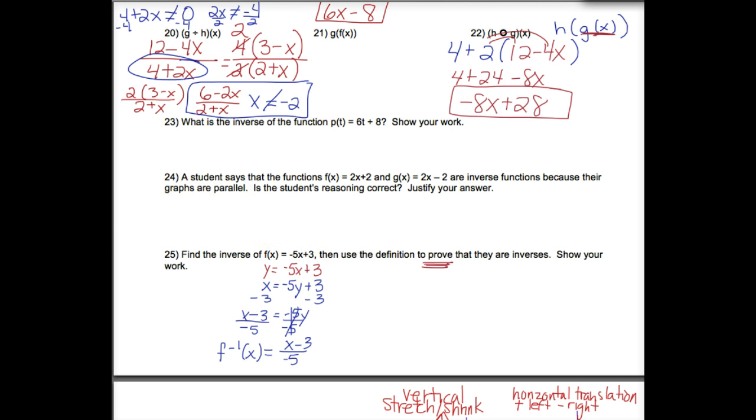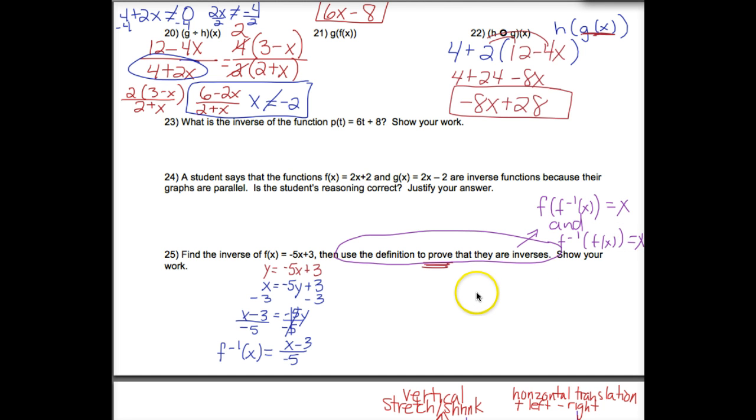All right, so next is use the definition to prove. We prove that they are inverses by showing that f of f inverse equals x and that f inverse of f equals x, because what inverse functions do when we compose them is give us back out exactly what we put in.